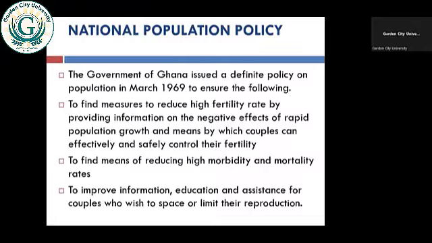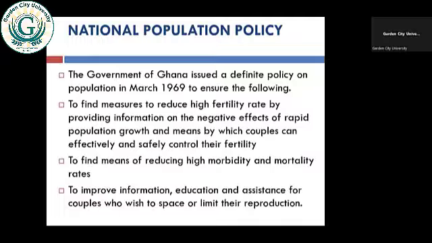Then they also had to find measures to reduce the fertility rates by providing information on the negative effects of rapid population growth. We'll come to that later. We'll have to discuss the negative effects of population growth, and the means by which couples can effectively and safely control their fertility. That was one of the policies. Then the second one was to find means of reducing high morbidity and mortality rates.